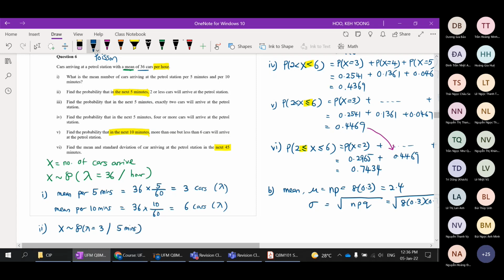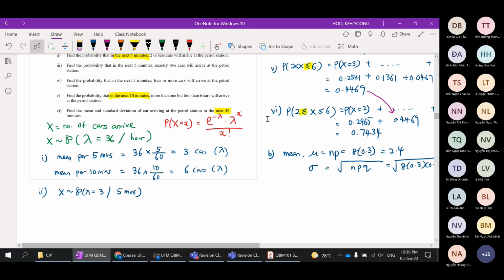So the formula for the Poisson distribution, if you look at the formula sheet, is e to the negative lambda times lambda power x over x factorial. This is the formula to calculate the probability for Poisson distributions. So you want to find 2 or less, which means less than or equal to 2.